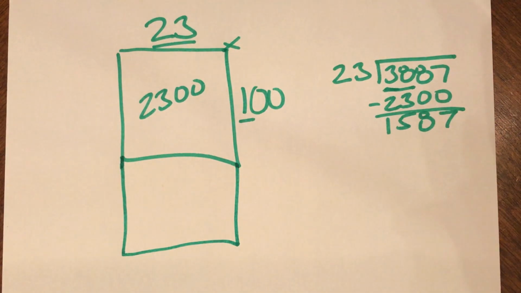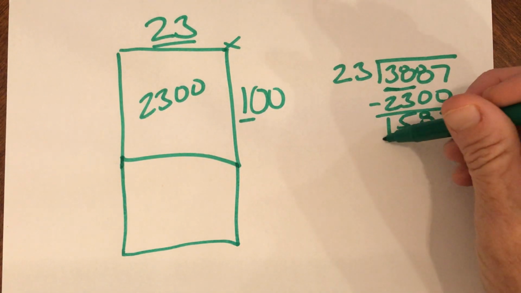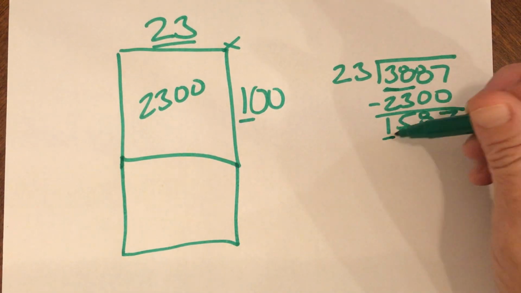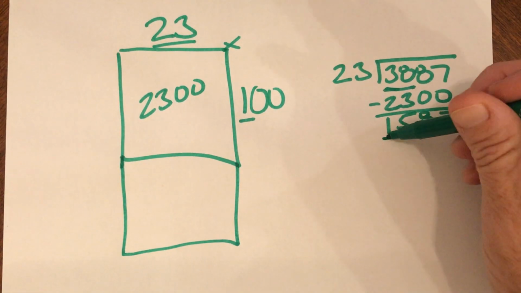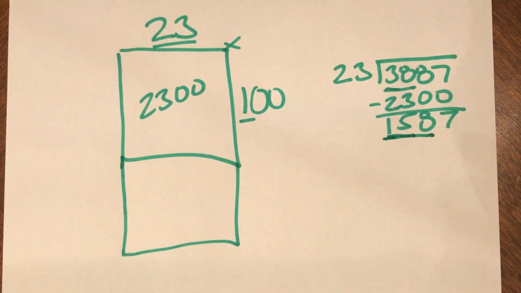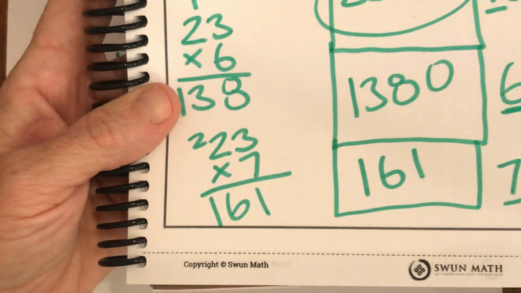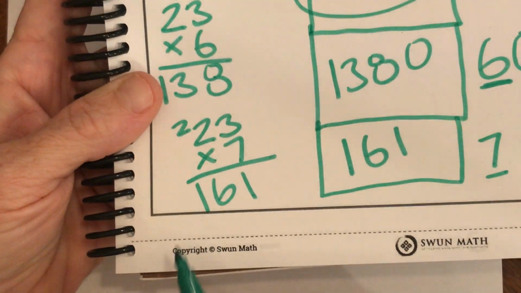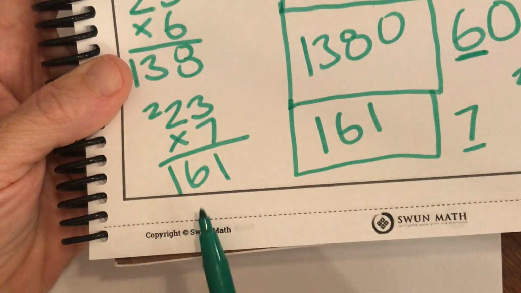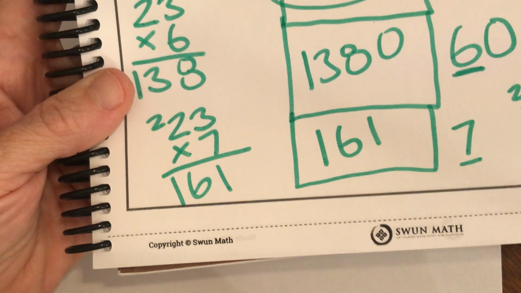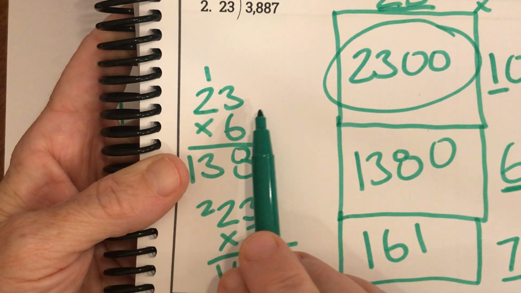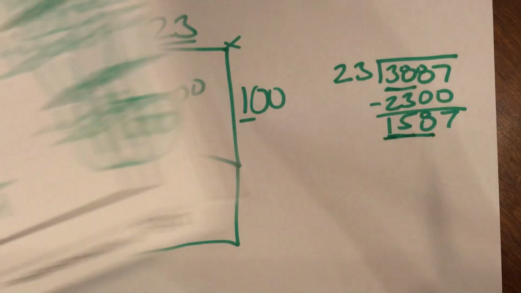Okay, so I'm going to keep going. So now I can say 23 can't fit into 1, it can't fit into 15, but it can fit into 158. And here's the nice thing, friends, is I can use all this old scratch work. I already know that 23 times 7 is 161. That was too big, but I know that 23 times 6 works.